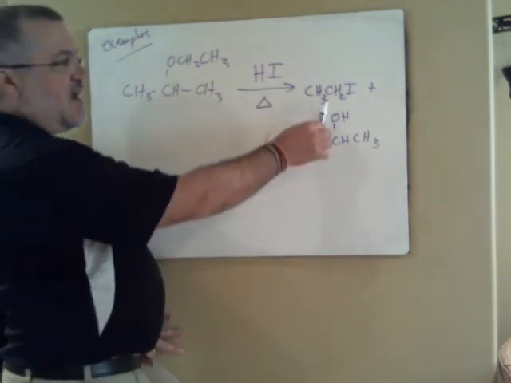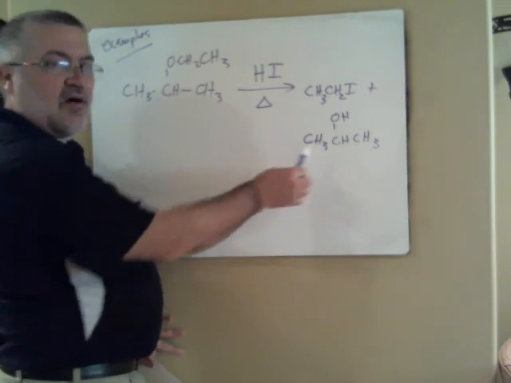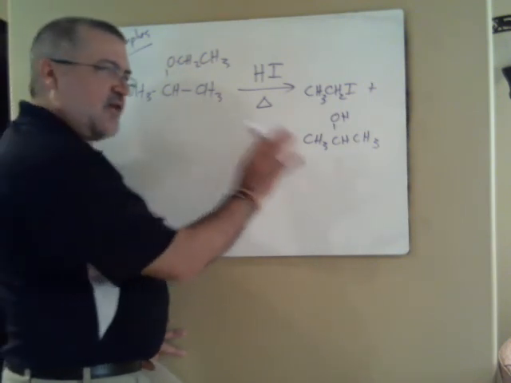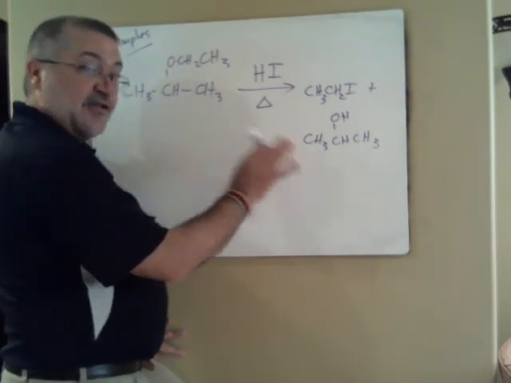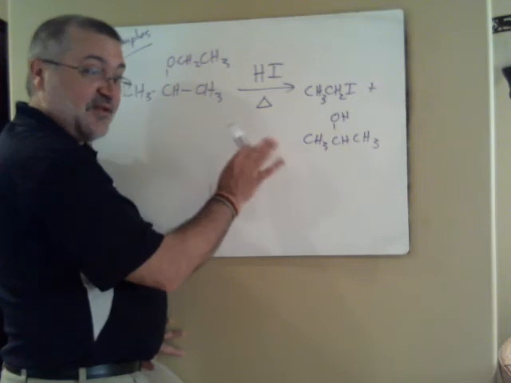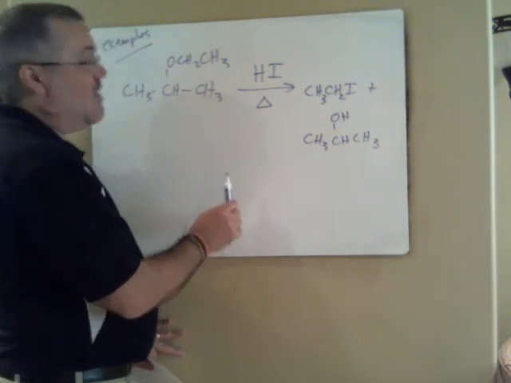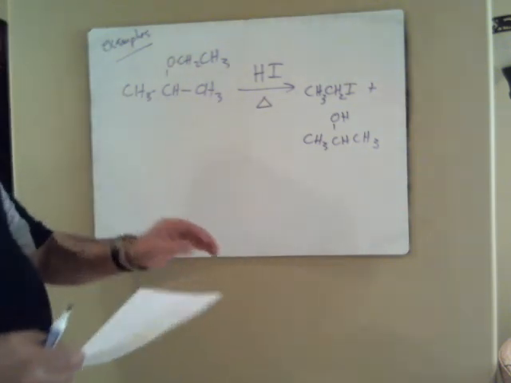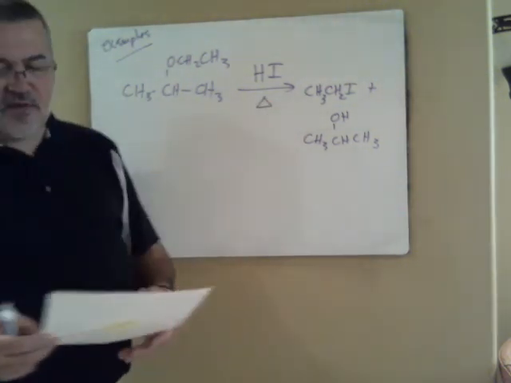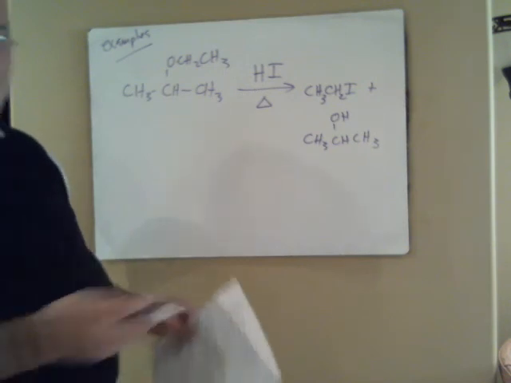Because I'm going back to an alkyl halide and an alcohol. And trust me, if you think about it that way, it tells you something about how it actually cleaves also, because there's just one set of cleavage products that form, okay?